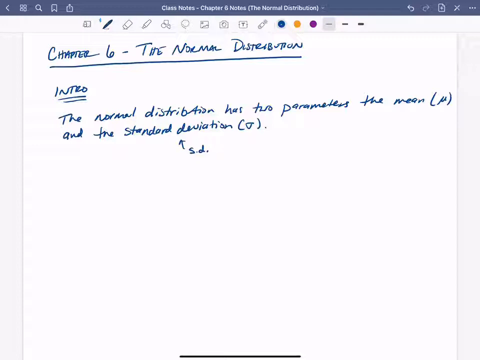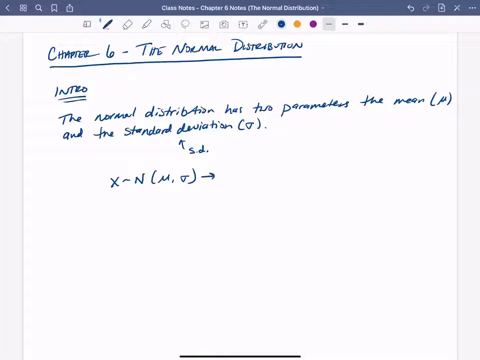Okay, so first, there is a notation that I want to go over in our textbook. It says X, a tilde, and an N, and then mu and standard deviation. So what does this mean?